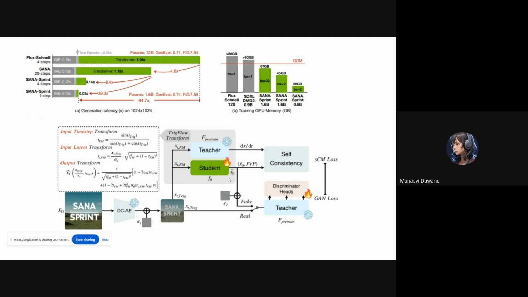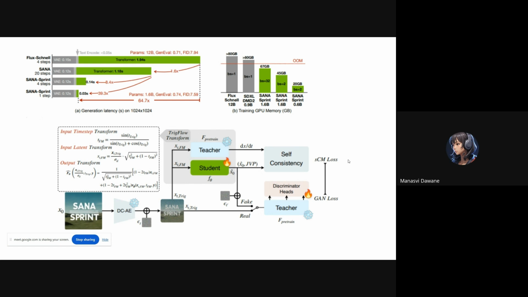For the student, the student is trainable, so the input is the same noisy latent, and the student predicts the clean image and the JVP. JVP is basically a Jacobian-vector product. It is needed for the consistency loss computation.